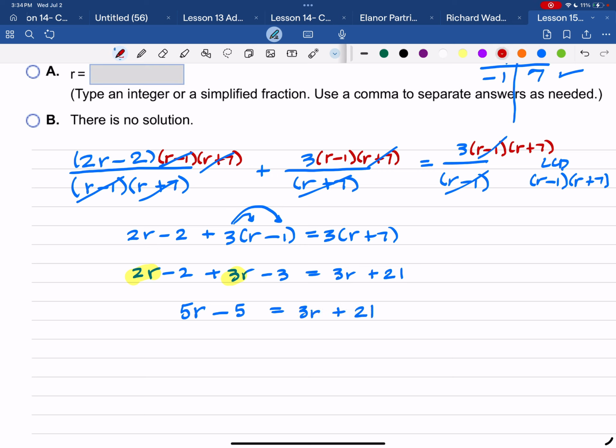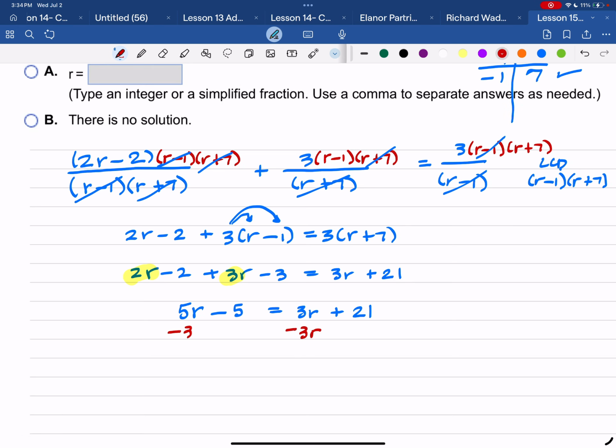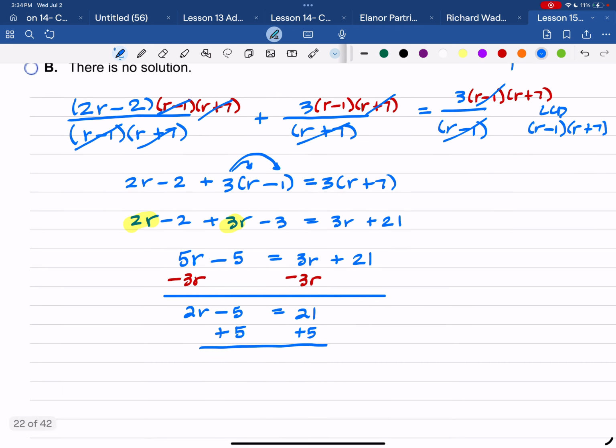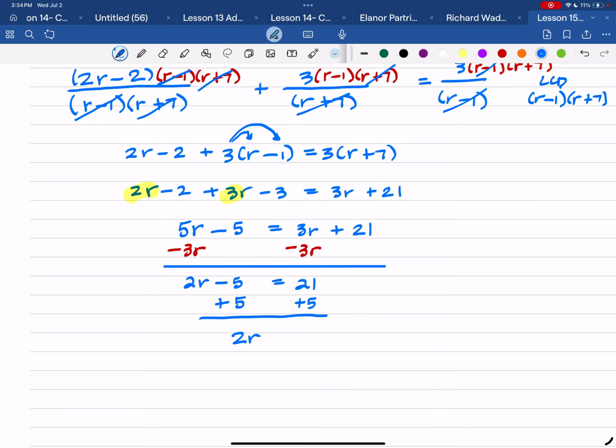Now I need to get my r terms on the same side, so I'll subtract a 3r from both sides. That's going to give me 2r minus 5 equals 21. And now I'm going to add 5 to get the numbers on the same side. So I get 2r equals 26. Divide both sides by 2.